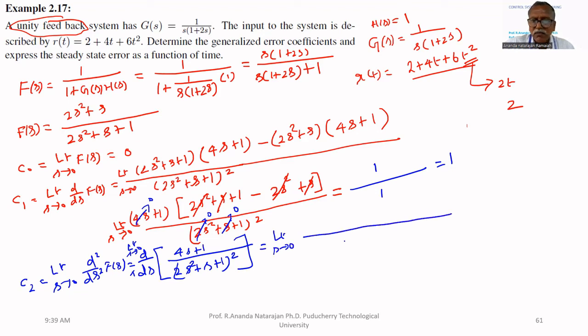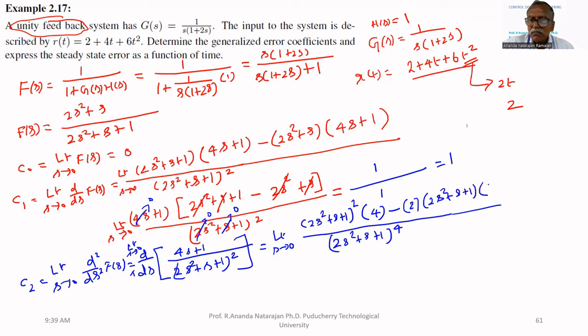If you differentiate this once, you will get (2s squared plus s plus 1) whole squared multiplied by 4, minus the derivative of the denominator, 2 multiplied by (2s squared plus s plus 1) multiplied by (4s plus 1), and you write the numerator 4s plus 1 as such.